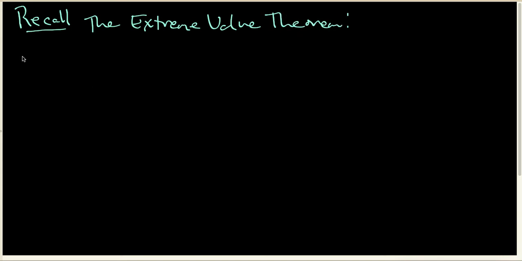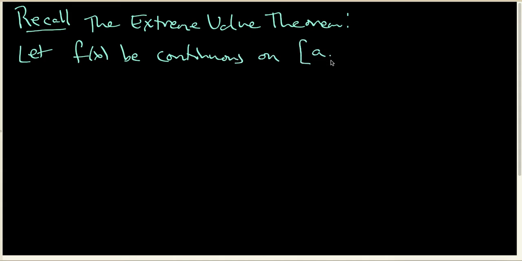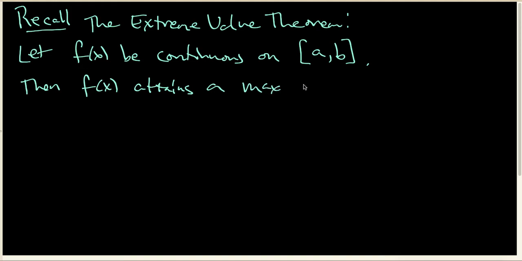And the extreme value theorem says that if I have a function that is continuous on a closed interval, so I'm going to let f of x be continuous on the closed interval between a and b, then I know that f attains both a maximum value and a minimum value on that closed interval.